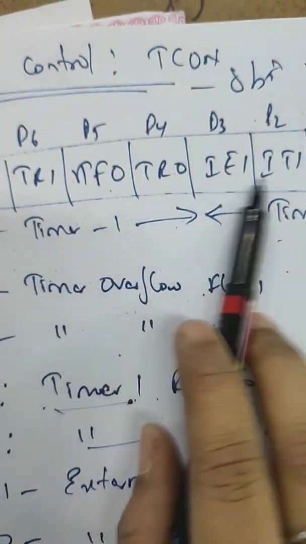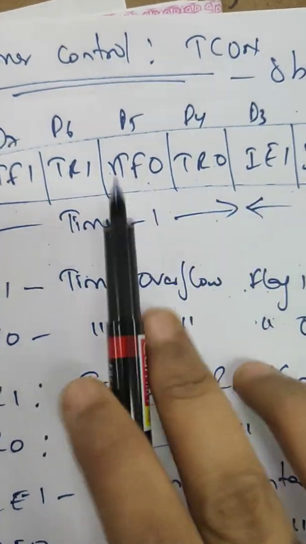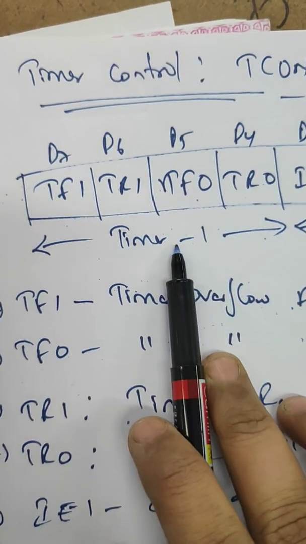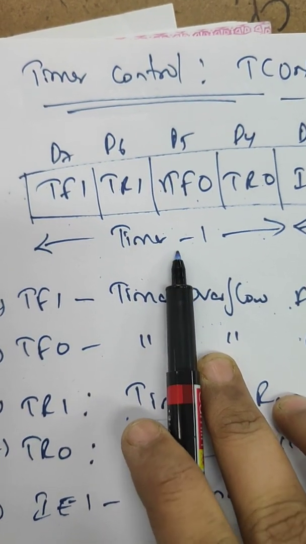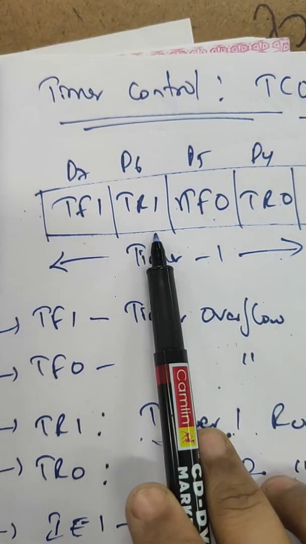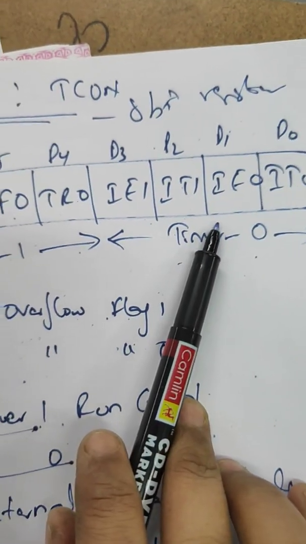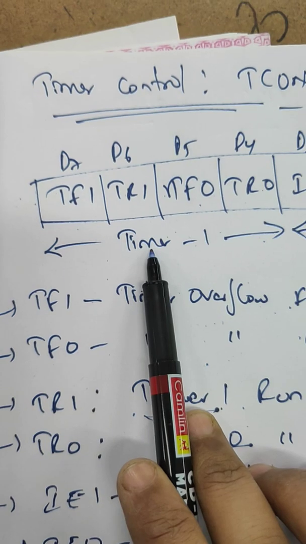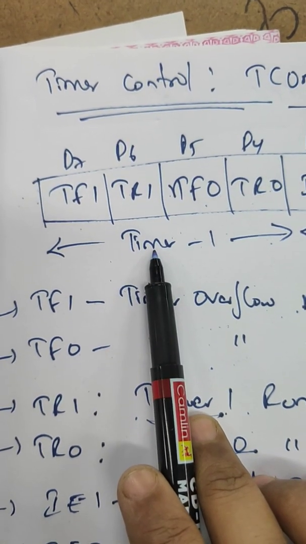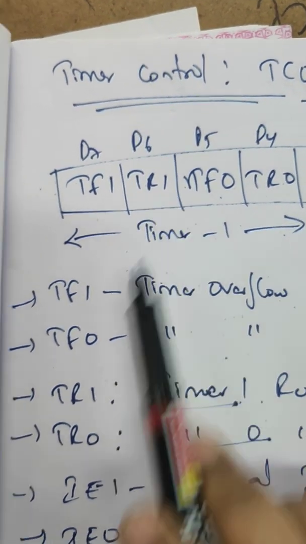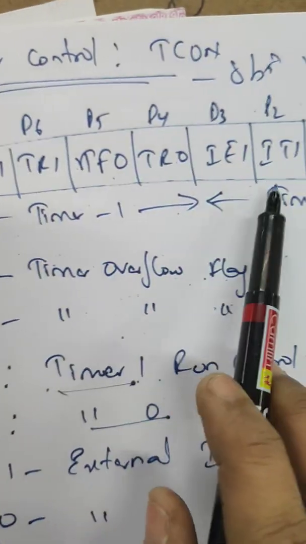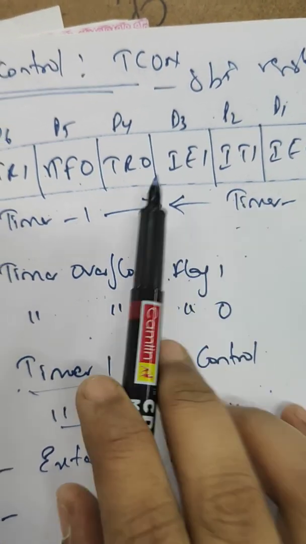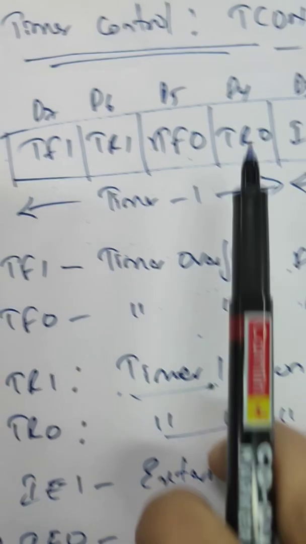Of the 8 bits, we have 2 timers, timer 1 and timer 0. If overflow occurs here, this is set to 1. If overflow occurs here, this is set to 1. Similarly, if I want to start or stop timer 1, TR1 is set to 1. If timer 0 is to be started or stopped, TR0 will be set to 1.